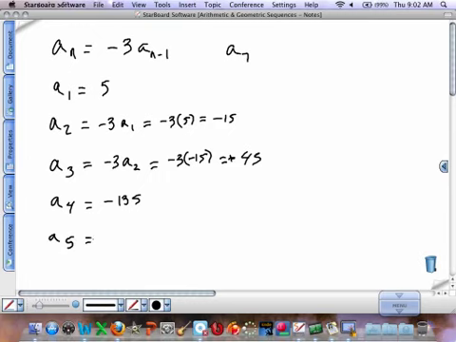My fifth term is going to be -135 times -3. A sub 6 is going to take this value, multiply by -3. Seventh is going to be the sixth value times -3. Okay, so that's recursive. That's really what this formula is telling you to do. Take -3 and multiply by the previous term.